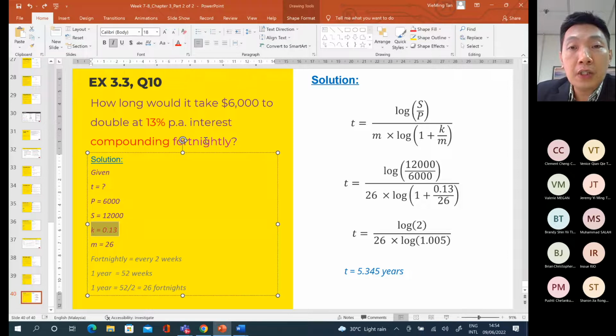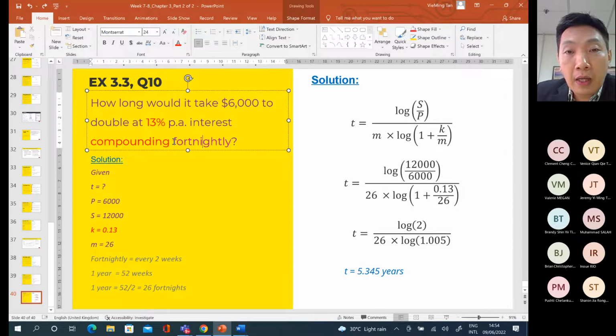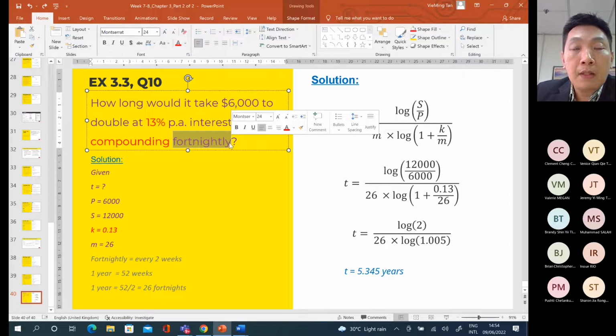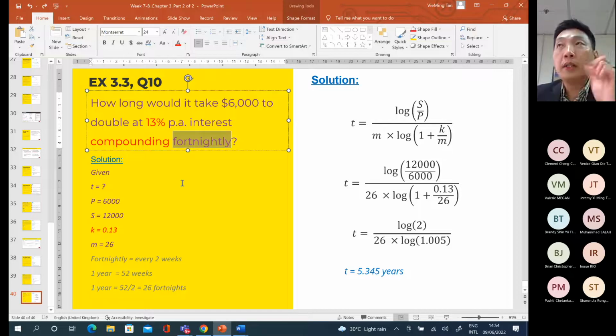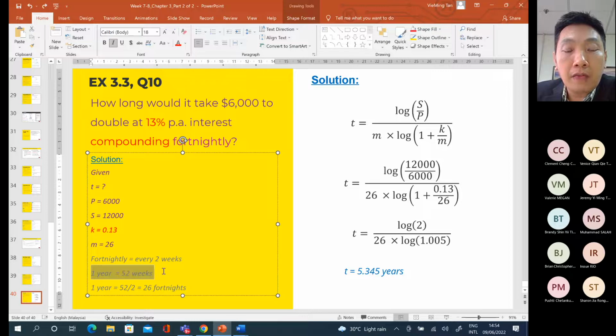So for this question, how to identify the M? It depends on this word, fortnightly. What is the meaning of fortnightly? Fortnightly means every 2 weeks. So in 1 year, how many fortnights? If you're confused, we can use this to help us. In 1 year, there are generally 52 weeks.